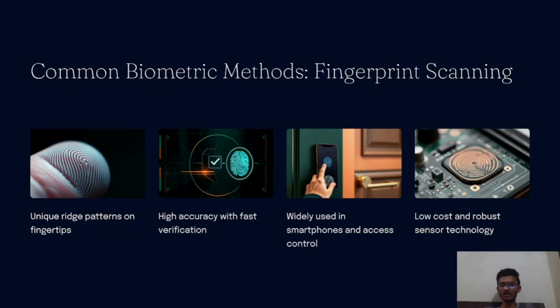Fingerprint verification is a huge market in the world because it is very accurate and fast, and widely used in smartphones and access controllers, like the door lock system, with low cost and robust sensor technology.